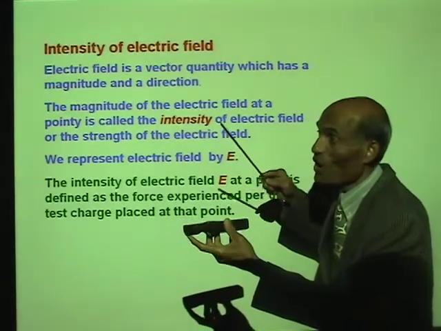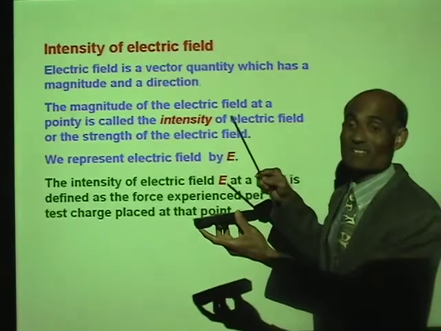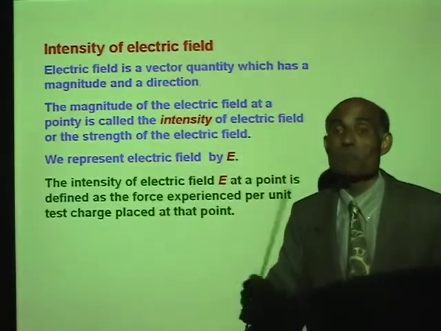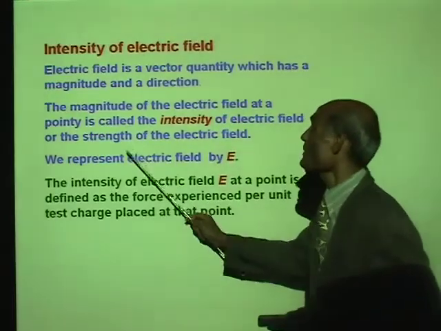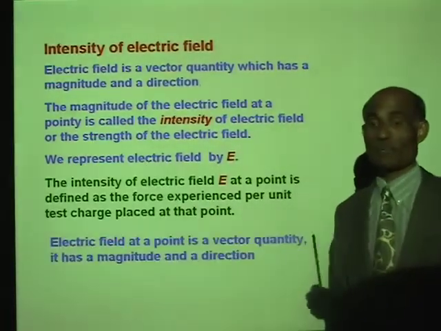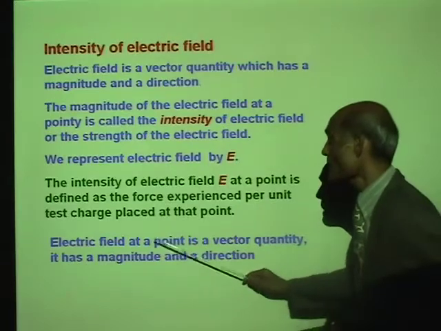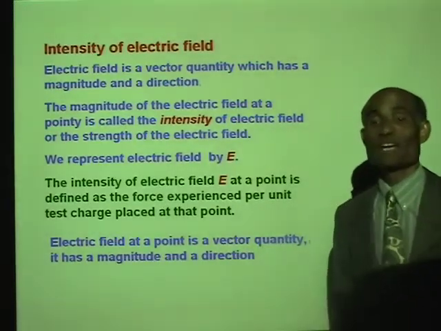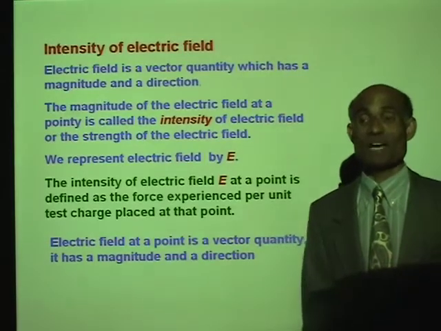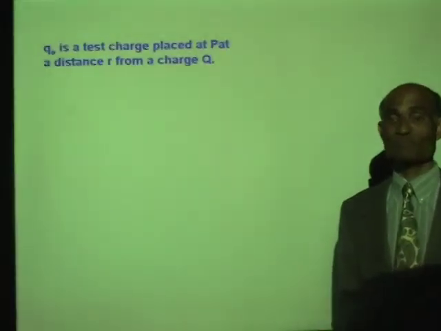Measure the force on that positive test charge. And that will be a measure of the electric field intensity or the strength of the electric field. Now, electric field at a point is a vector quantity, therefore it has both magnitude and direction.